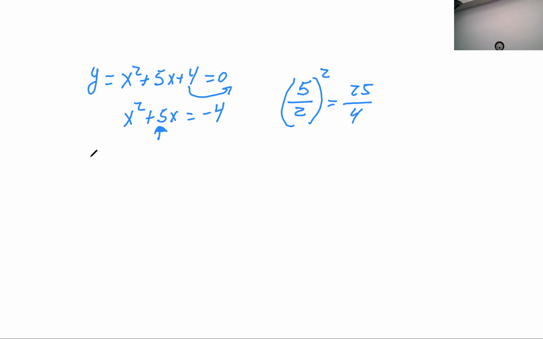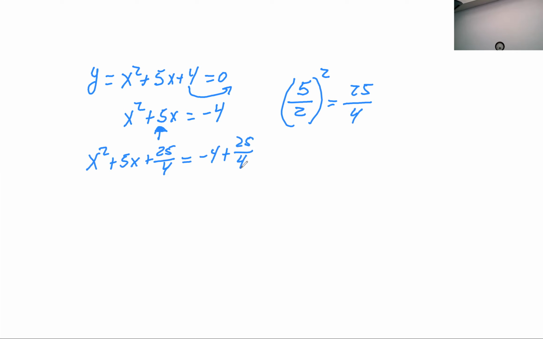So what I mean by that is that if you take this 5x and then you add 25 over 4, that would equal -4 plus 25 over 4. And you can see it's already kind of semi-annoying with these fractions.